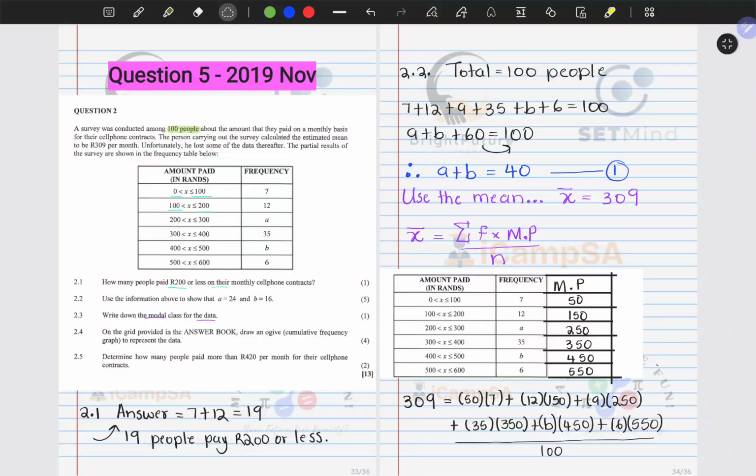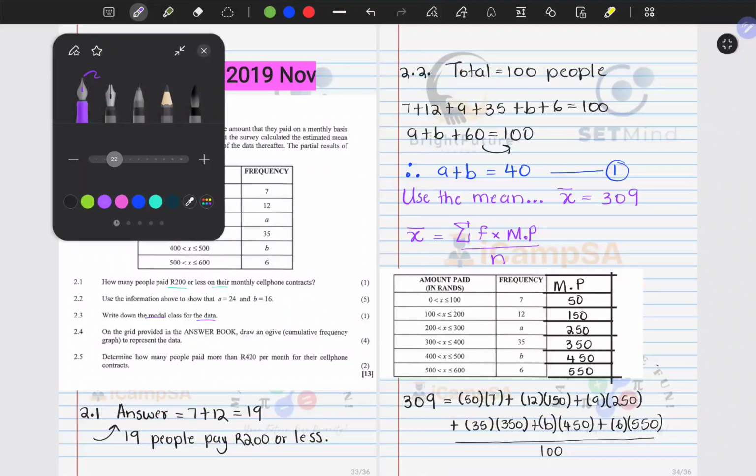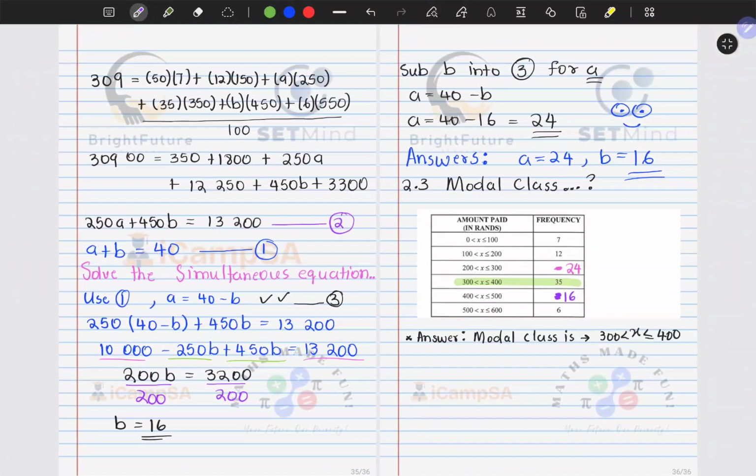Then the next, they say, on the grid provided on the answer book, draw the cumulative frequency graph. So remember, when they say cumulative frequency graph, guys, it means Ogive curve, so 2.4.